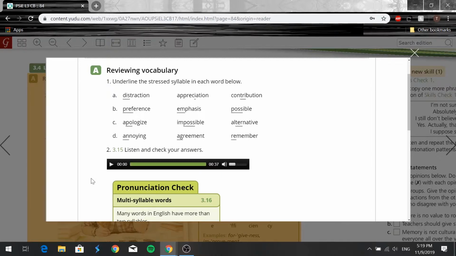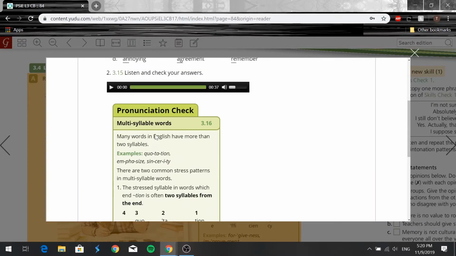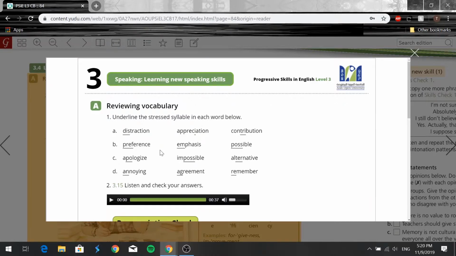Okay, so I had one mistake in row C. Now let's talk about why. Why did I choose the underlined stress here? Well, row A, I chose the same exact stressed syllable because it's words that end in t-i-o-n, where the stressed syllable is always 2 syllables from the end.